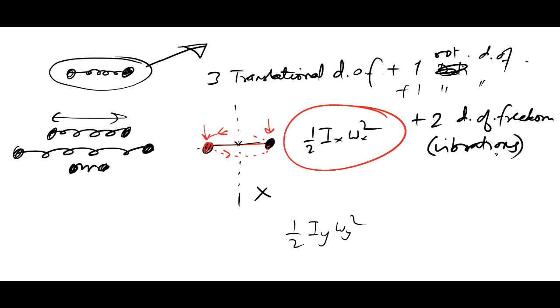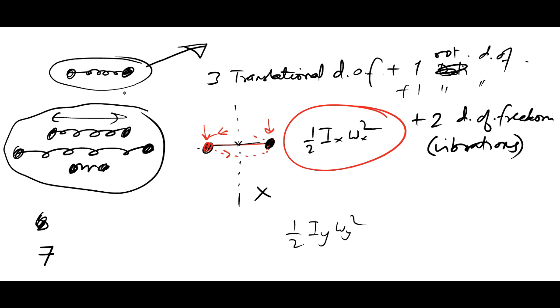So let's count. You have 3 translational, 2 rotational, and 2 vibratory degrees of freedom. So one would expect that the degrees of freedom for a diatomic gas molecule is 7, whereas the degrees of freedom for a monatomic gas molecule, already we have proved it, is equal to 3. Now it so happens that at room temperatures, at moderate temperatures, this effect is absent or negligible.